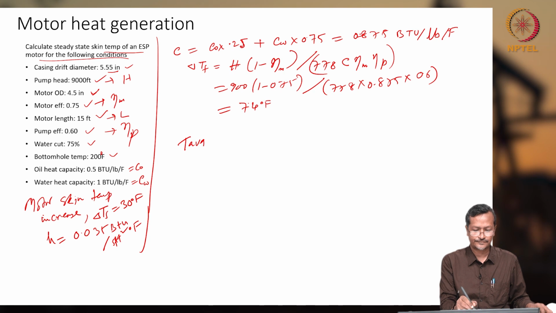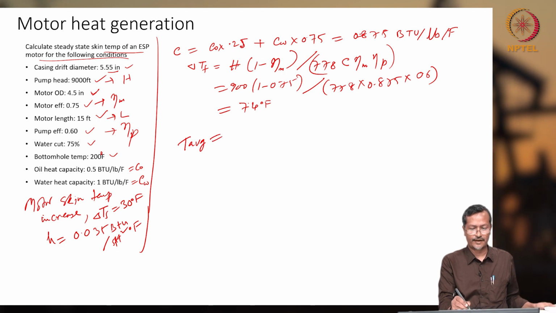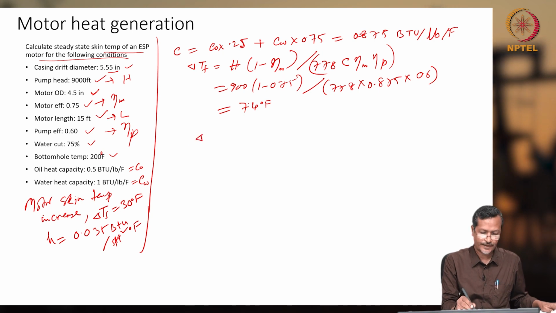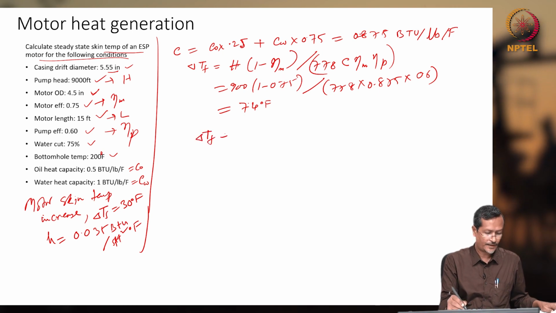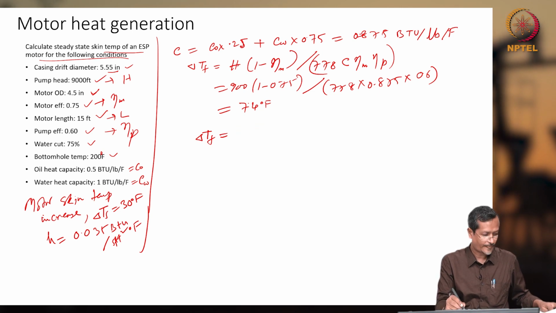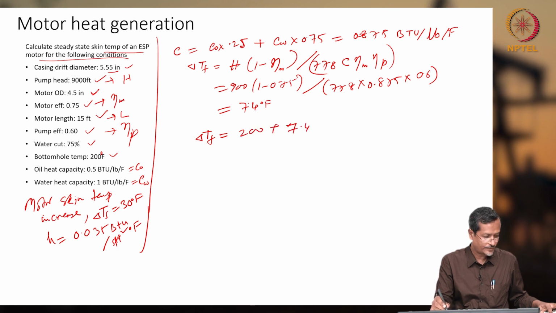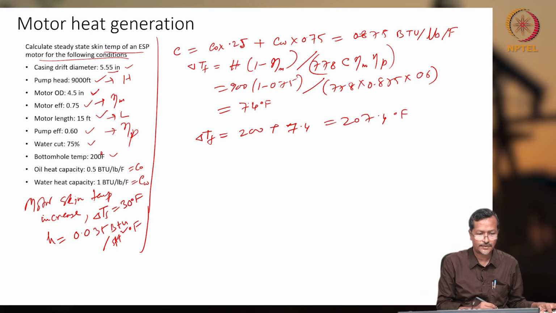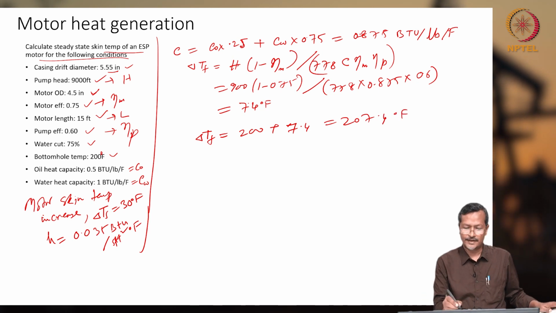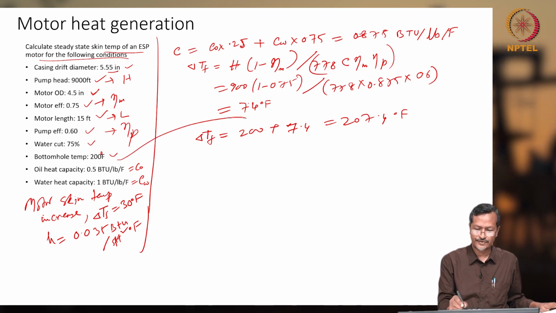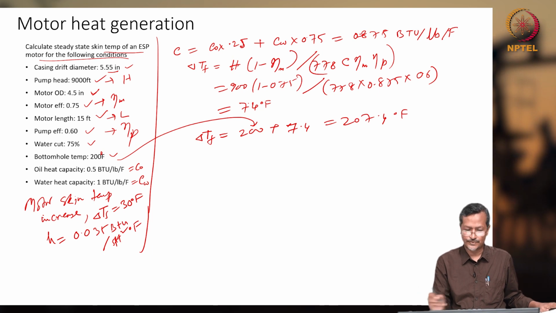Next, the average temperature. T F equals 200 plus 7.4, 207.4 degree Fahrenheit. The 200 is the bottom hole temperature, which is given here. So you are getting this one.